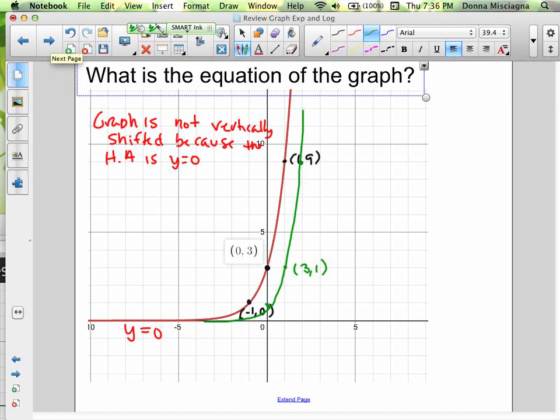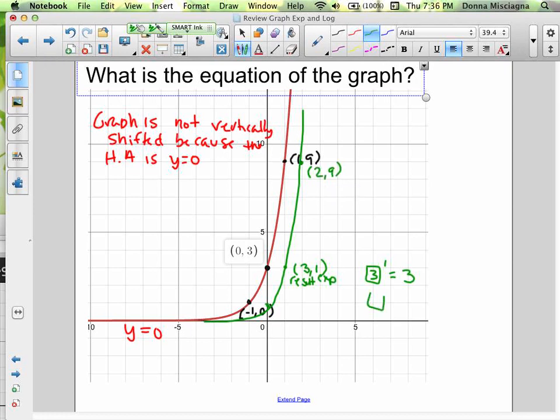So what raised to the first power would give us 3, right? Because this is the exponent and this is the result. Well, 3 to the first power gives us 3. Notice in our green graph, where we shifted it over 1, we have the point 2, 9.